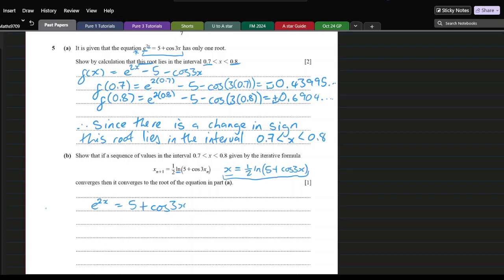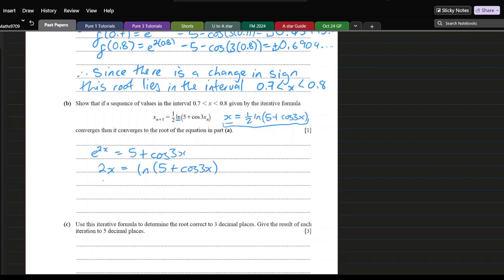Alright, and now we want to apply the natural logarithm to both sides. So 2x is equal to ln(5 + cos 3x). And then we can multiply both sides by half. So x is equal to 1 over 2 ln(5 + cos 3x).